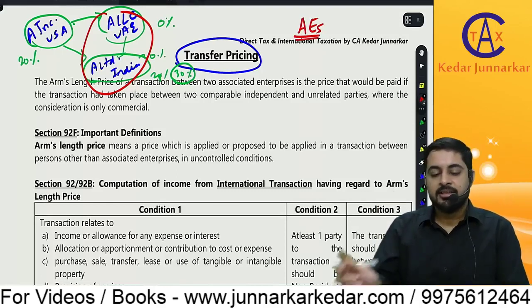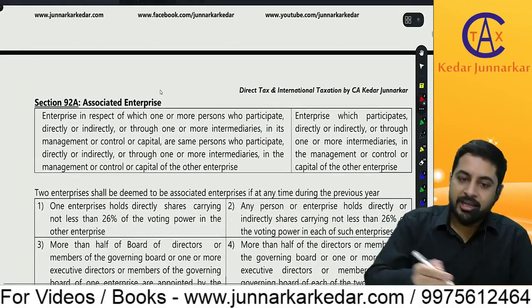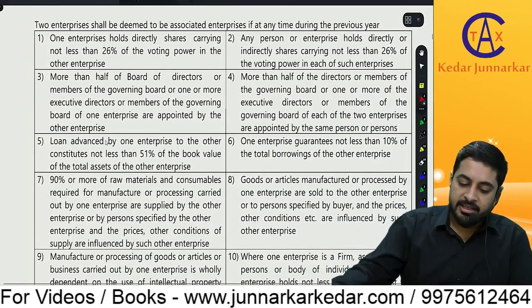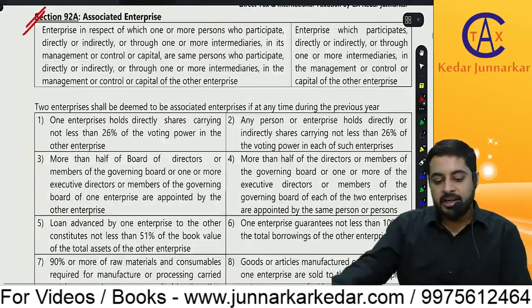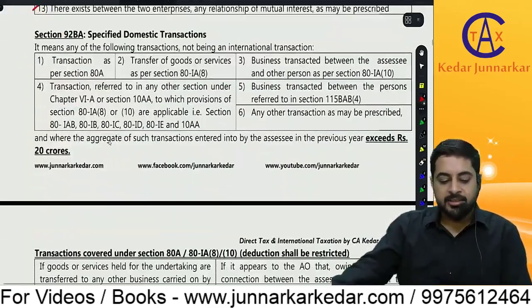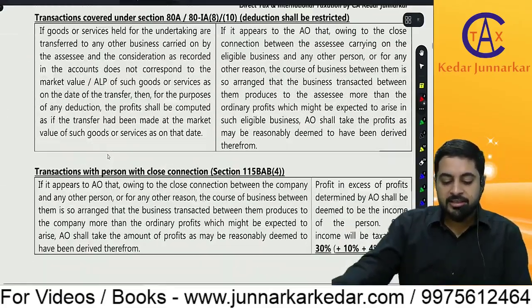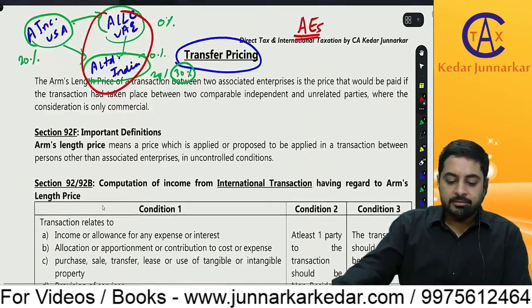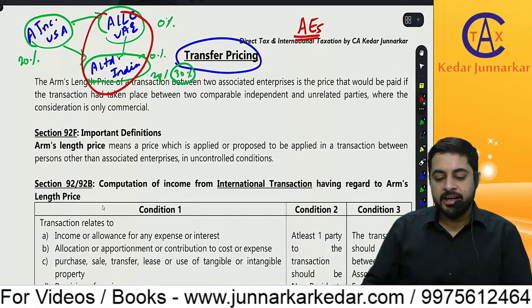Associated enterprises means like related persons, and we are going to study today what are associated enterprises. Section 92A is the definition of associated enterprises, and there are 13 different categories for international transfer pricing, and for domestic transfer pricing also we are going to study section 92BA. So here A LLC and A Limited are associated enterprises.